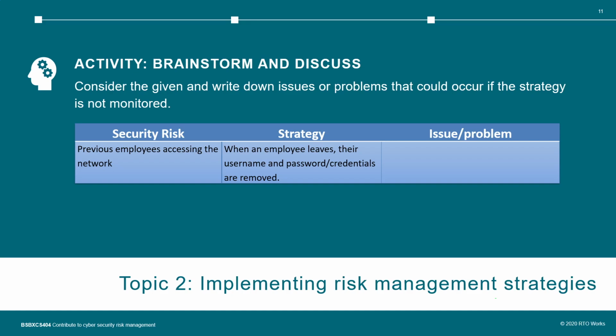Alright, so good thing is you can pause the recording. In the classroom at this stage, we break off and do a little bit of brainstorming in groups to start thinking about what risks can be encountered, what strategy we can put in place to mitigate that risk, and forecast any issues or problems that evolve.